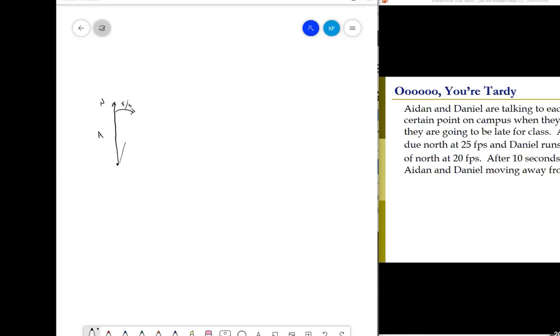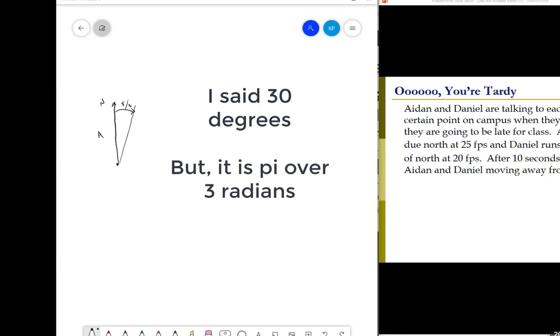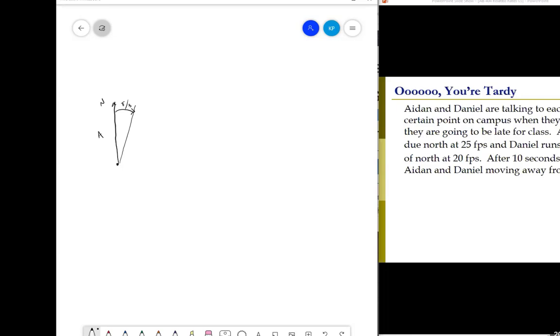So this right here would be 30 degrees east of north, if that makes sense. Let me draw a better picture so everyone has a good picture to at least start off.